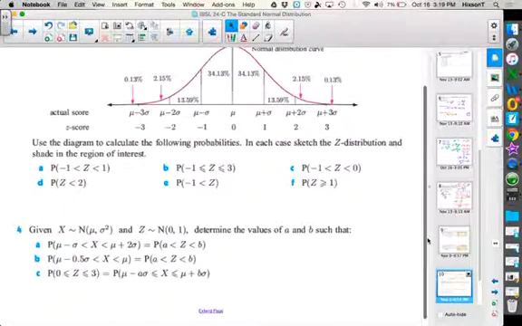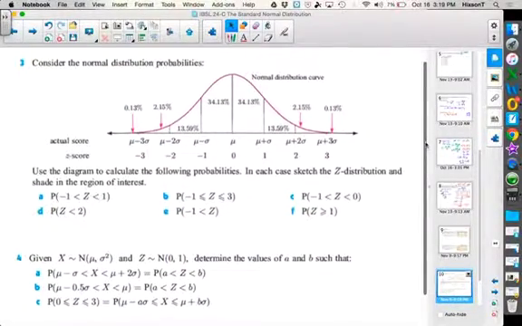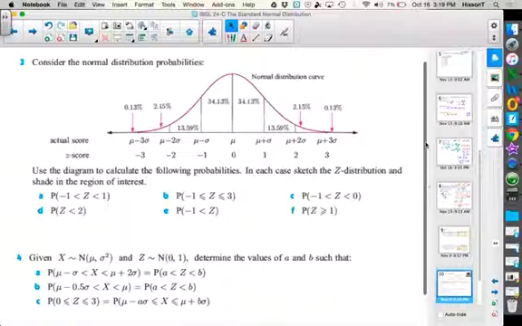Then we have these problems here, okay? I know we did 68, 95, 99.7, just so that when you check your answers in the back of the book, they match up. Use the percentages to the precision they give here, okay?